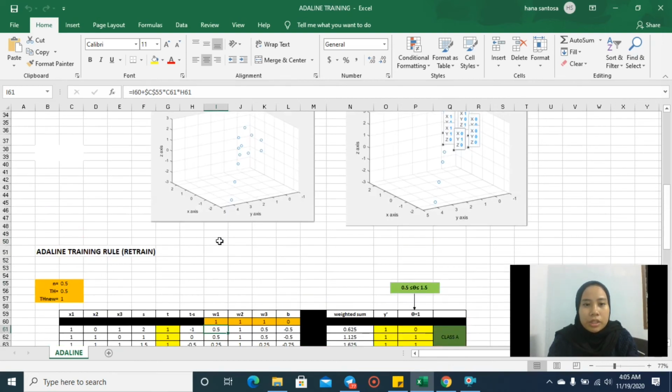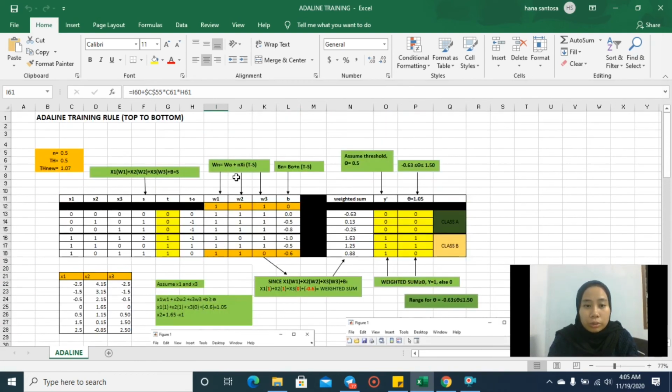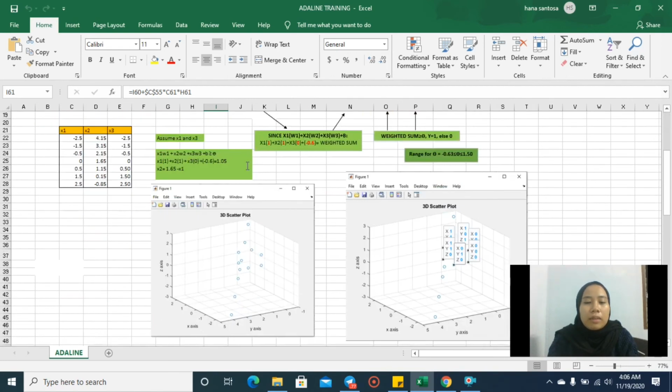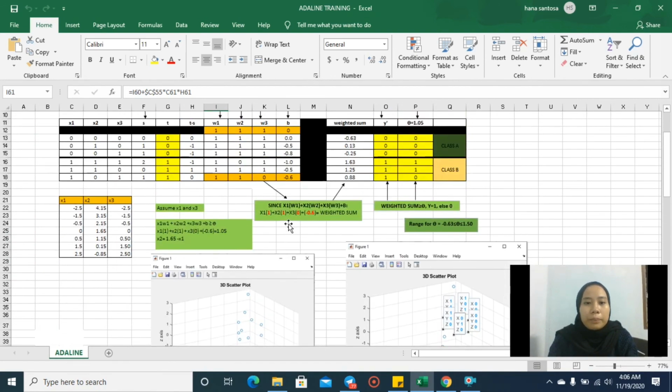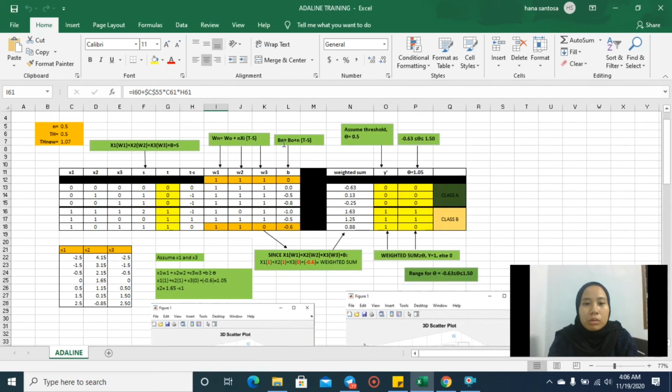We are still using the same equation 2, which is w0 plus n times xi times (t minus s). For the b, we still use the same equation: b new equals b0 plus n times (t minus s).